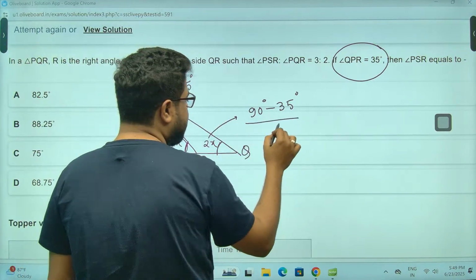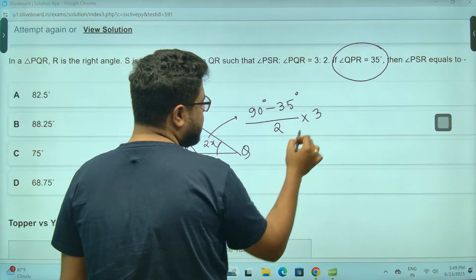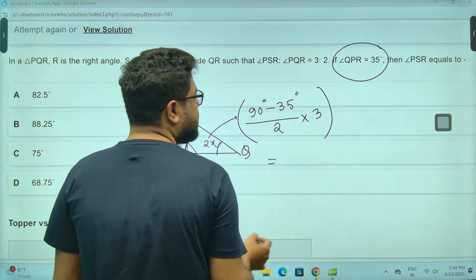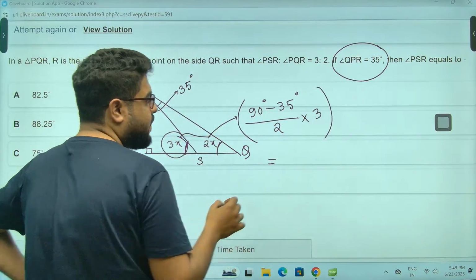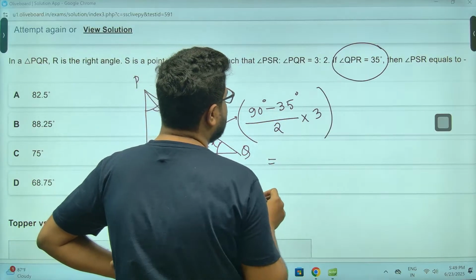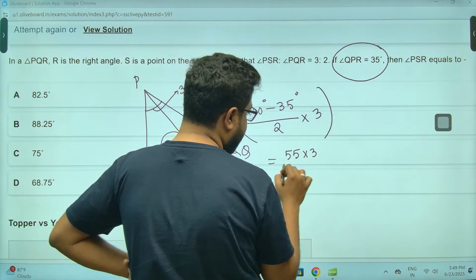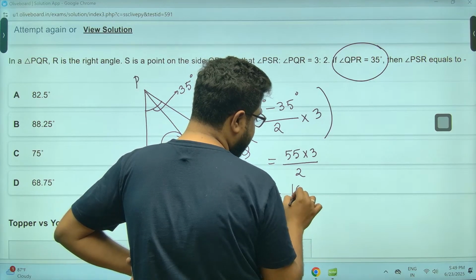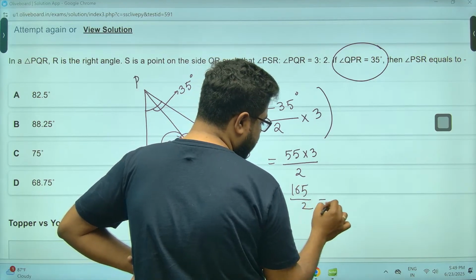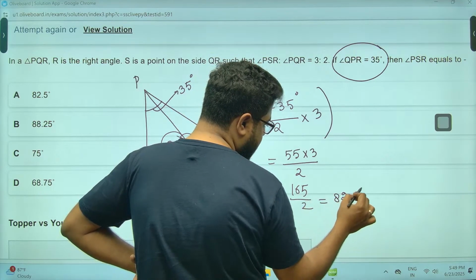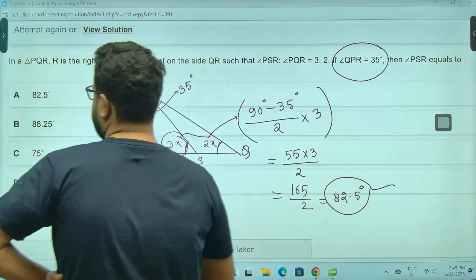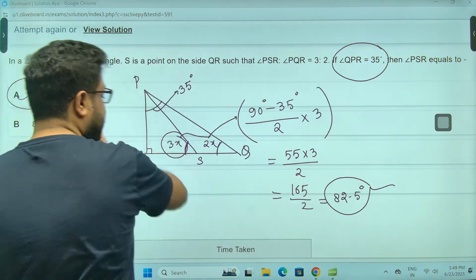One part will be divided by 2, three parts will be multiplied by 3. So this is how much, sir? 55 by 2. 165 by 2, 82.5. It is 82.5 degrees, sir. Option A is the answer.